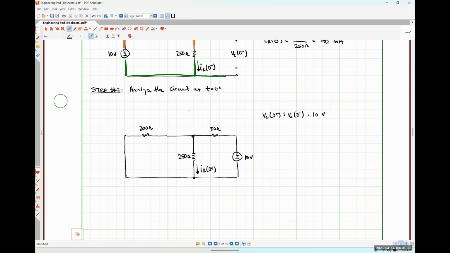So anybody have any thoughts on how we might find IR at 0 plus? We could do voltage division to find the voltage drop across the 200 in parallel with the 250, and then use Ohm's law to find IR at 0 plus. Or we could do a source transformation and use current division to find IR at 0 plus.